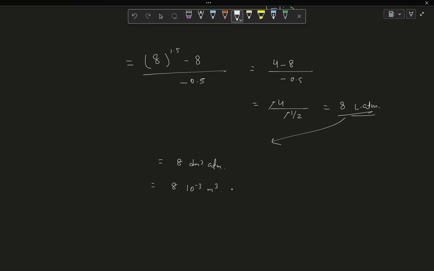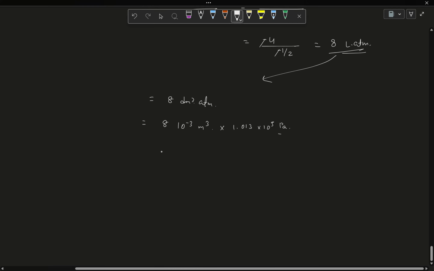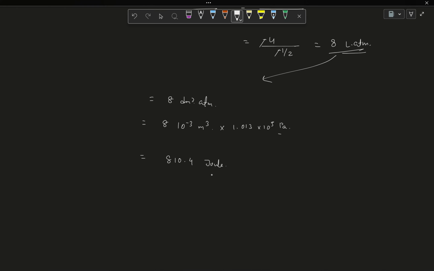And 1 atmosphere is simply 1.013 into 10 to the power of 5 Pascal. Pascal is the SI unit of pressure. So by multiplying this factor, you will get 810.4 joule, which is nothing but meter cube into Pascal. So this is your answer. This is option number A that you have obtained. You can also calculate by using your calculator and you will get the same answer.